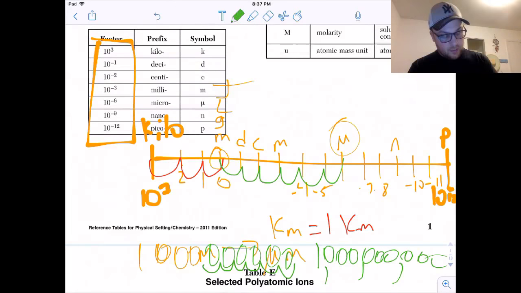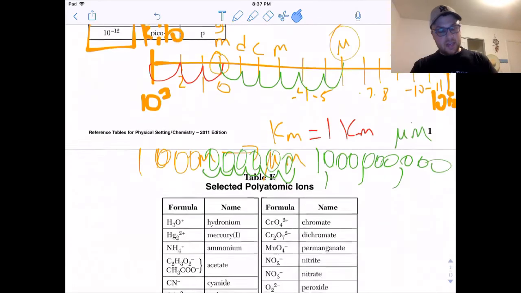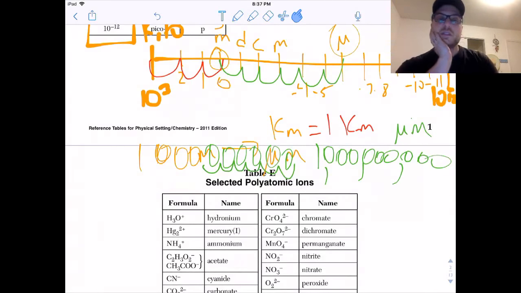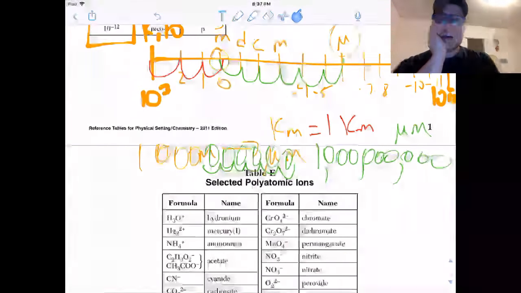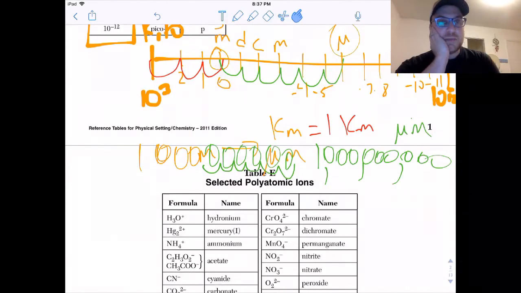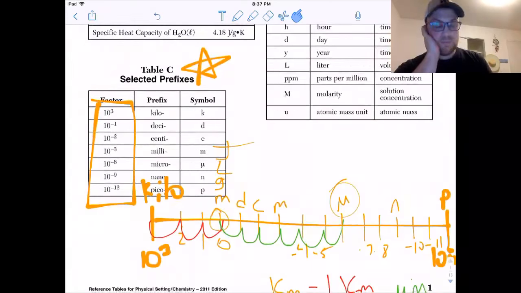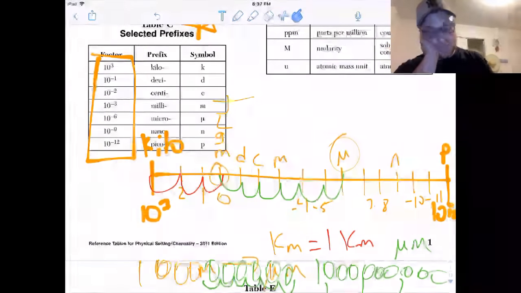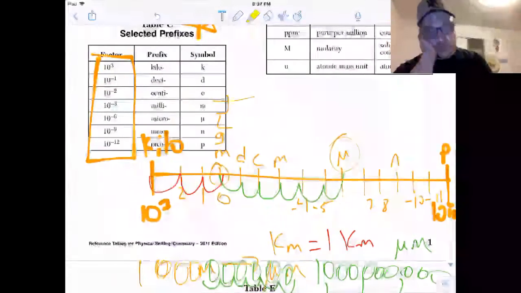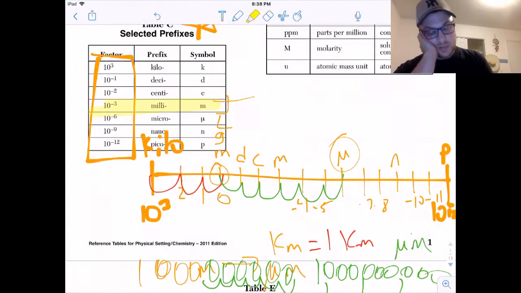They give you milliliters, and they want liters for your molarity equation, and that's just divide by 1,000. So take your milliliters and divide by 1,000, or take your milliliters and go to the left 1, 2, 3 times, which is dividing by 1,000. But anyway, I don't want to focus too much on metric conversions because there's a lot more other important stuff.